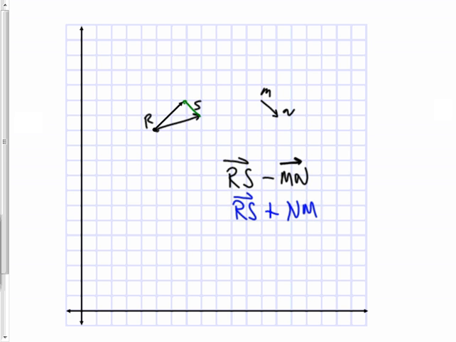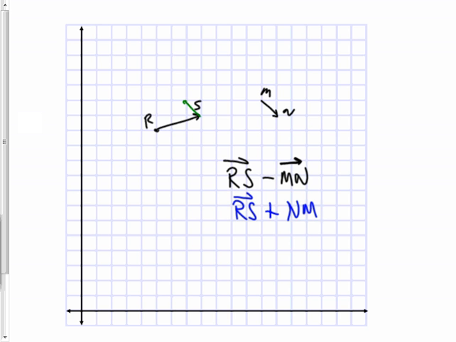What if I said 2RS plus MN? What's your gut feeling? What's your best guess if I say 2RS? What do you think that means? It's got a scalar involved with it. What part of it is the scalar? If I say it doubles the magnitude, and the magnitude is the scalar part.